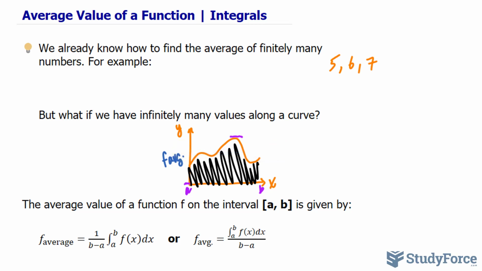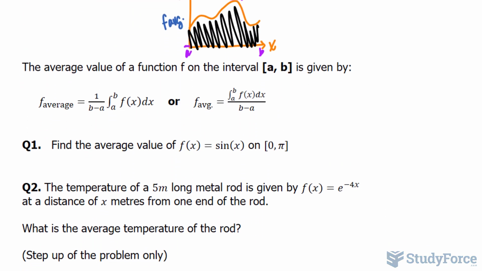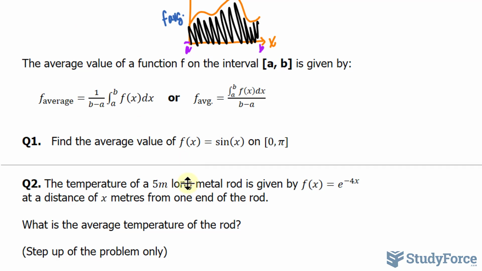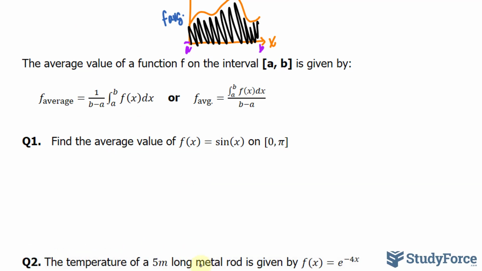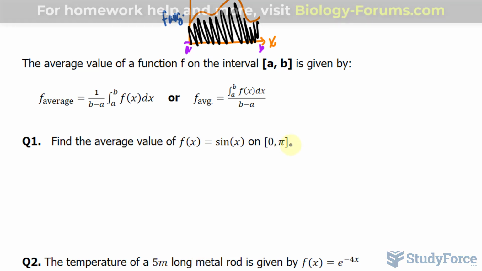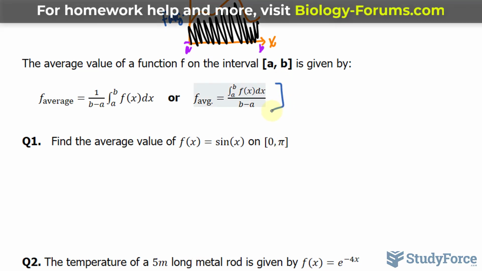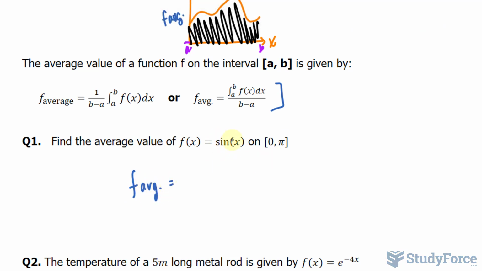So let's go ahead and put this to practice by answering question number 1. In question number 1, they ask, find the average value f of x for the function sine x between the intervals 0 and pi. Using this formula, the average is equal to the integral of sine x between 0 and pi.